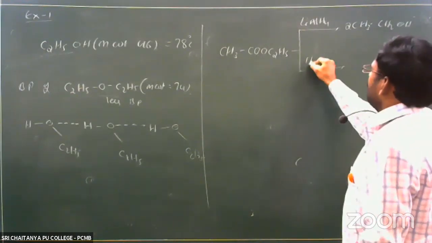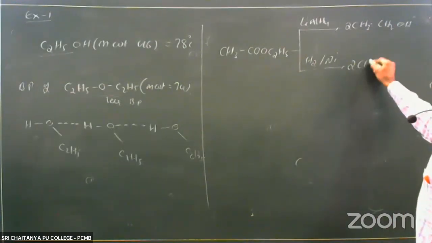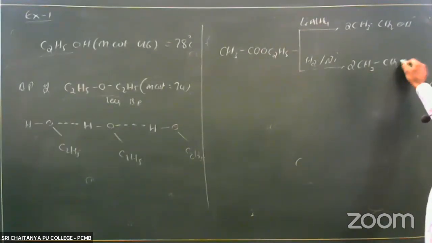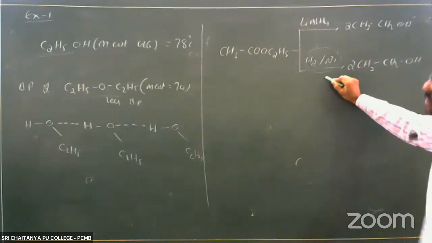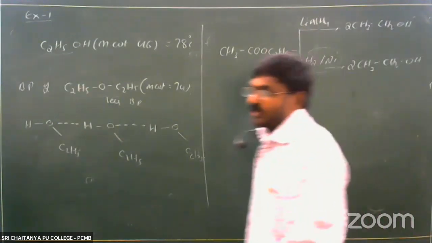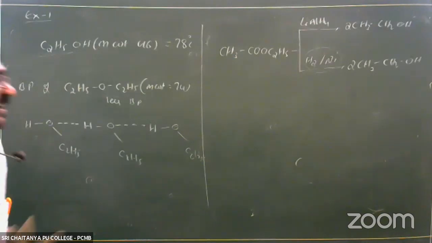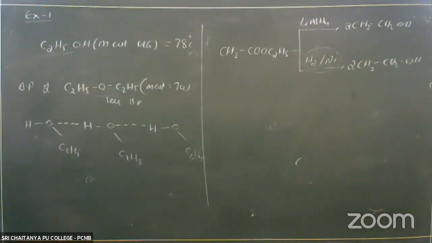Instead of lithium aluminum hydride, we can also use hydrogenation in the presence of nickel, and here also 2 moles of ethyl alcohol are formed, which is preferable. Lithium aluminum hydride is a costly reagent, highly expensive. Hence, both the assertion and reason are correct, and the reason is the correct explanation.